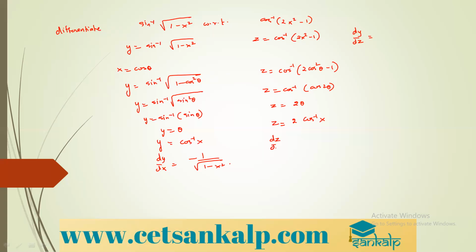So dz by dx will be 2 into the derivative of cos inverse x, which is minus 1 by root of 1 minus x square. So dy by dz, which we have to find, is minus 1 by root of 1 minus x square by minus 2 by root of 1 minus x square. Minus cancels, root of 1 minus x square cancels, and left is just 1 by 2. So that would be the derivative.